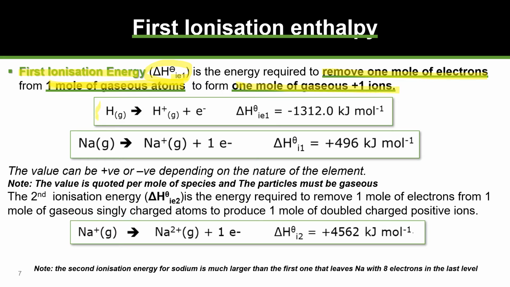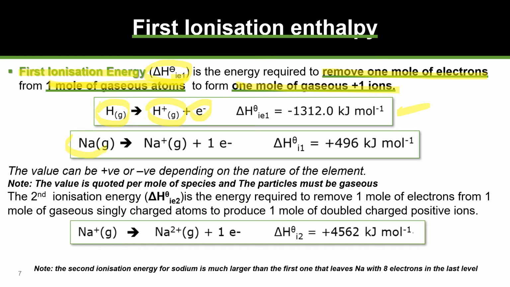So if we have 1 mole of hydrogen atoms, not the hydrogen molecule, we are going to form 1 mole of ions of hydrogen, and they are going to release 1 electron. The value is 1312 in this case negative. That means that the reaction is exothermic.